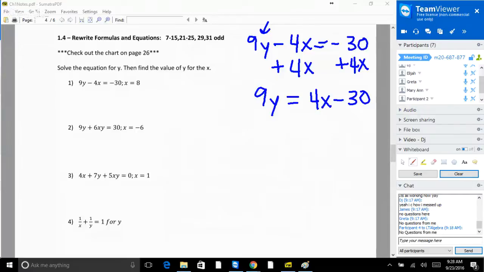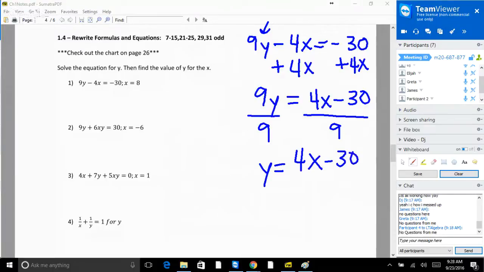Then I have a pretty simple step from here, right? I have 9y, and I need to just solve for y. So I'm going to divide by 9. And I find that y equals 4x minus 30 divided by 9.